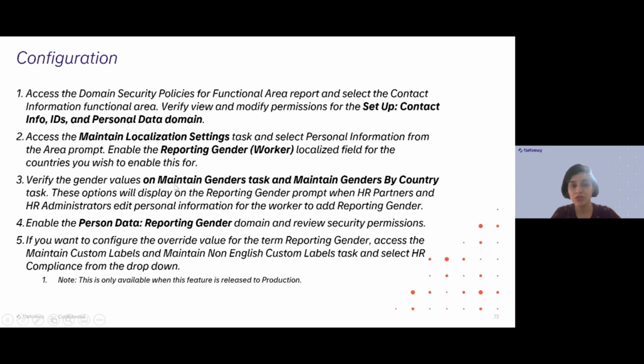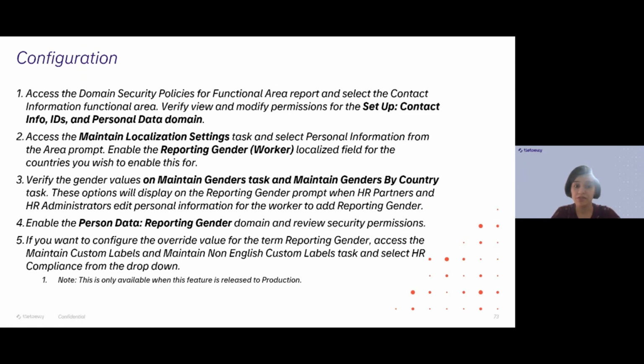So please do go to your maintain gender task or maintain genders by country task to see what values are being populated, because the reporting gender field will in turn be utilizing the values that have been set up under these tasks. Then make sure we are giving correct access to the person data reporting gender domain.